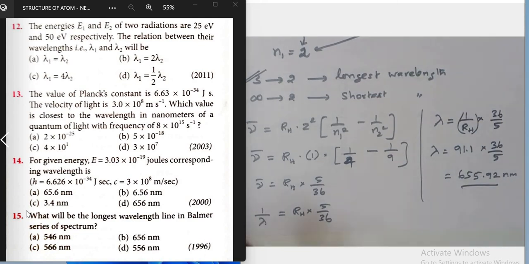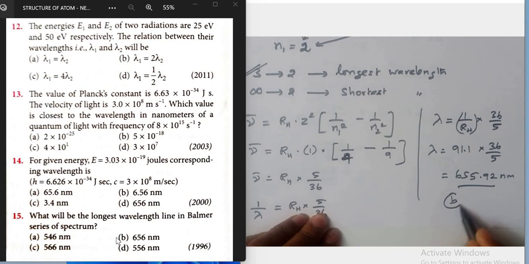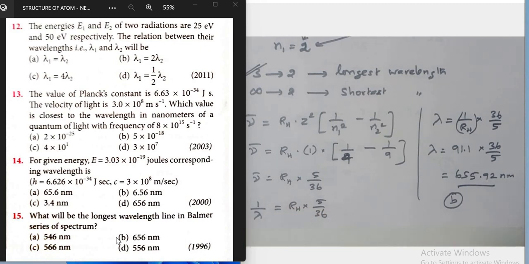That's the wavelength. Take down. The answer close to this is 656, which is option B. 655.9 is close to 656. So the correct option for this question is option B. Okay, take down.